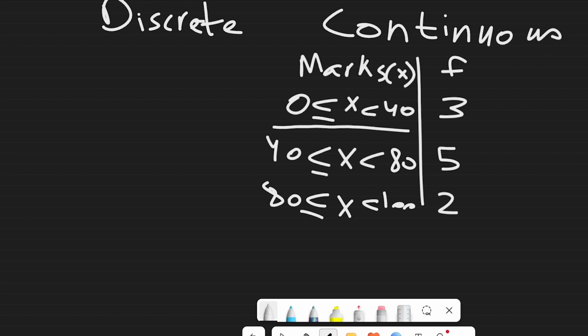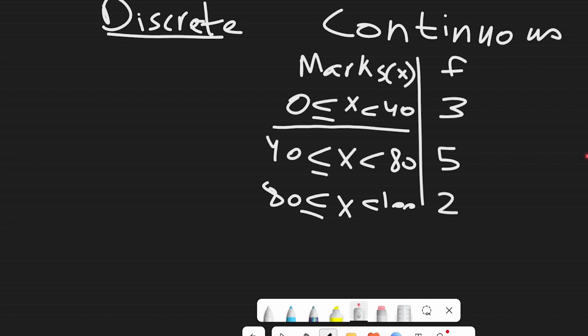So 3 people have scored in that range, but that is not a very accurate representation, because a person can also score 0. All 3 could have scored zeros, and similarly all 3 could also have scored 40s. So the number 3 won't be very representative of all these students who have scored from 0 to 40.